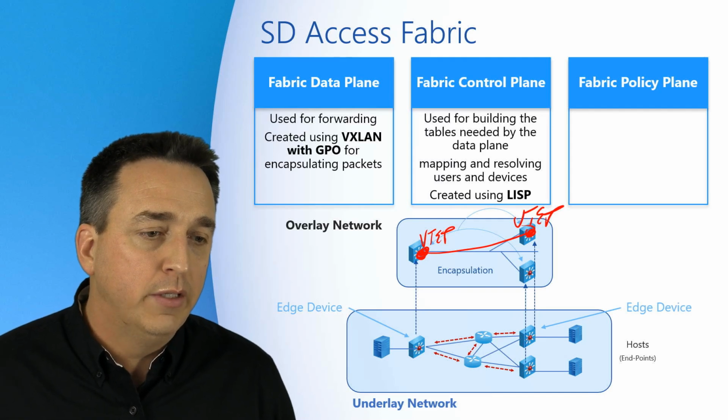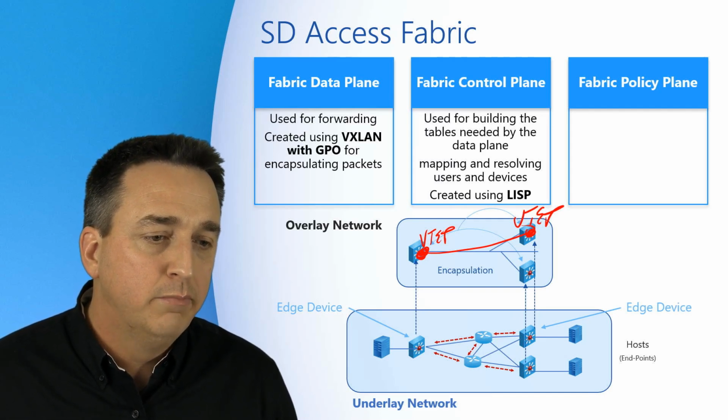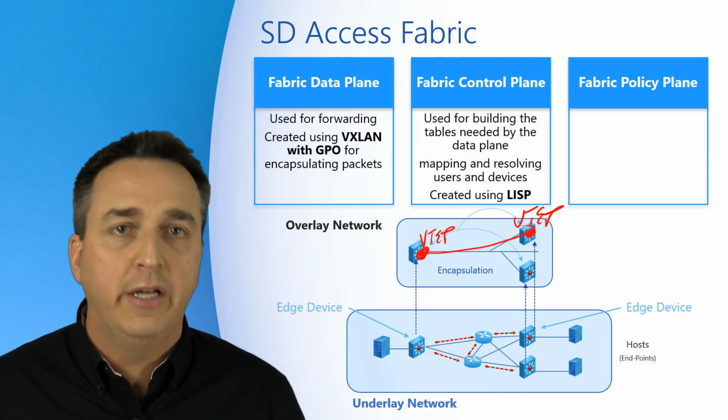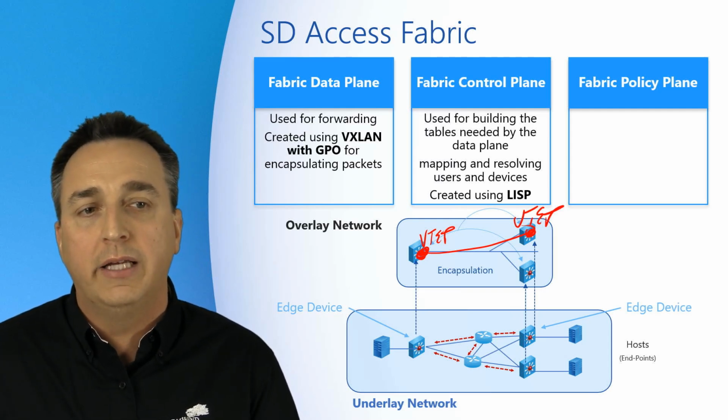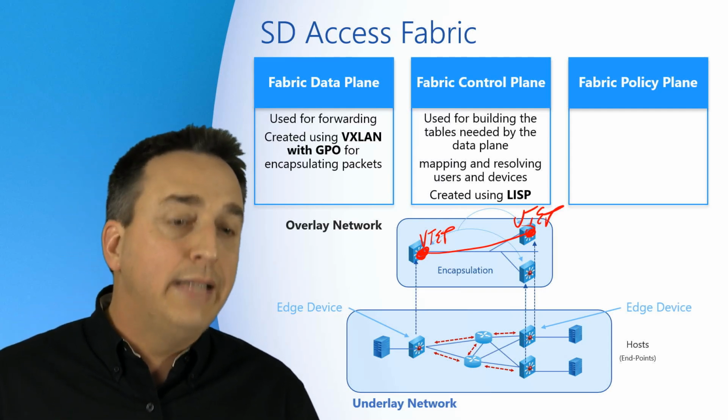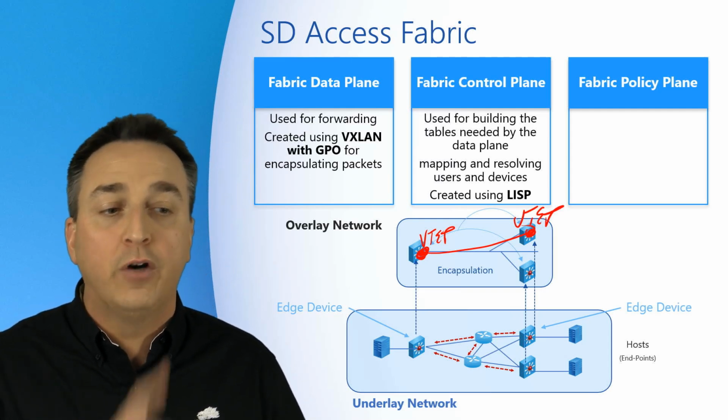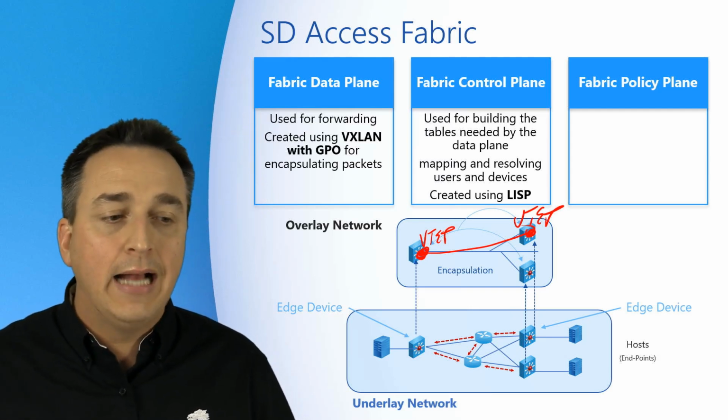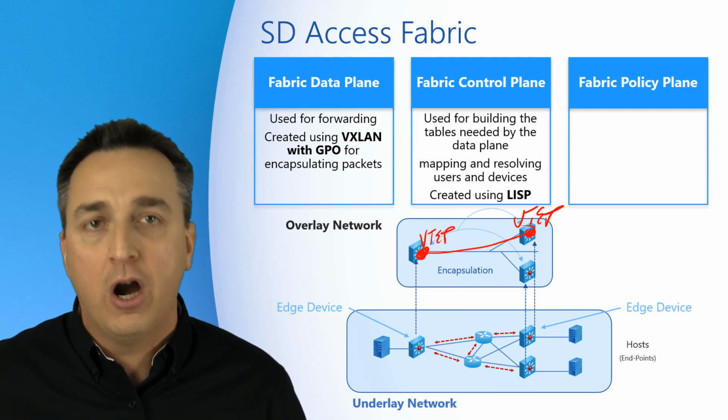So it's used for building the tables needed by the data plane, mapping and resolving users and devices. We talked about before that Lisp is both control plane and data plane. That is true, but not for SD access. For SD access, we're only using the control plane part of it.